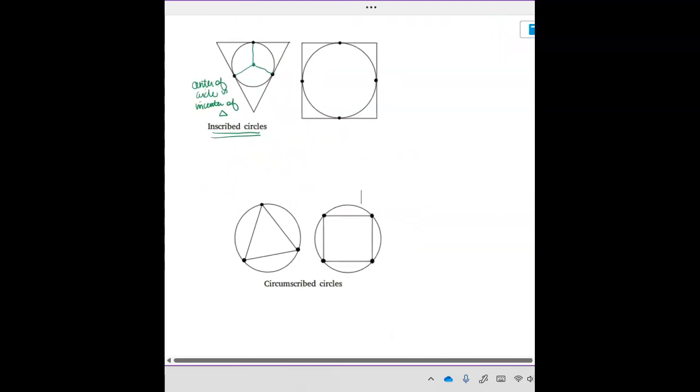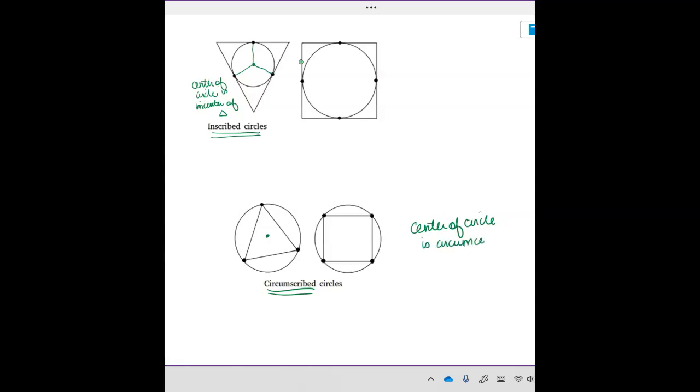Now we also have circumscribed circles, which means that the circle's on the outside here. If we look at our triangle, the center of the circle is the circumcenter of the triangle.